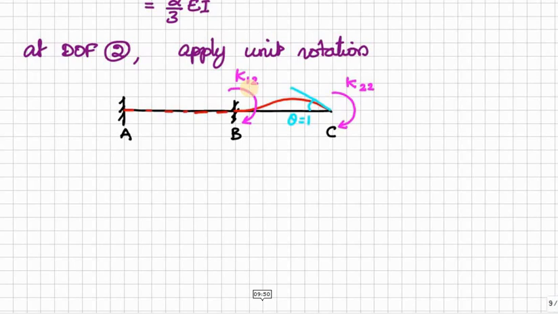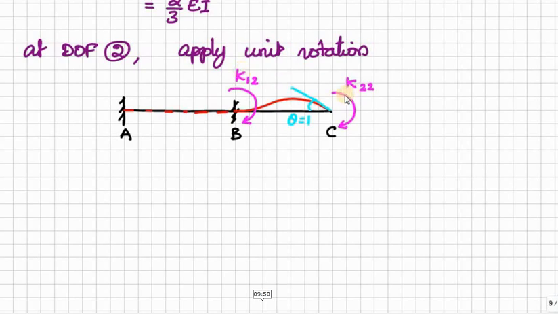But already we have computed K21, which is also equal to K12. Therefore, no need to calculate this again. Anyway, we will calculate it for cross-checking, only for understanding. For the examination, no need to compute this one, in order to save time.